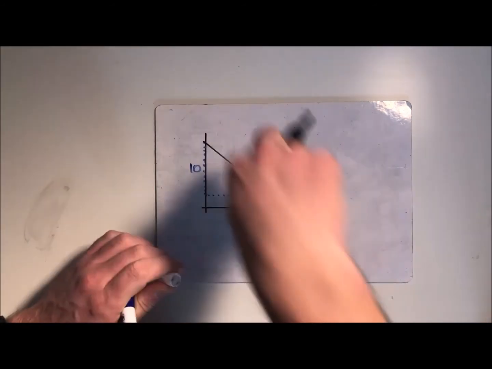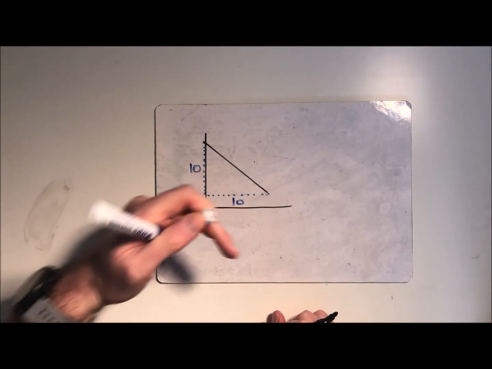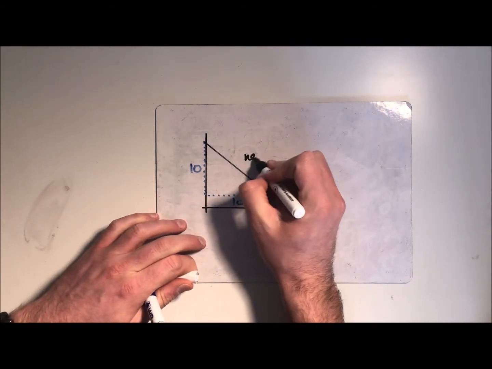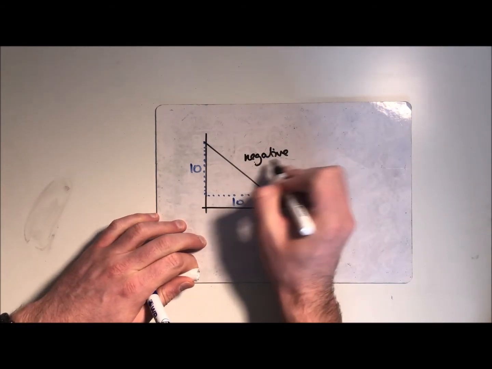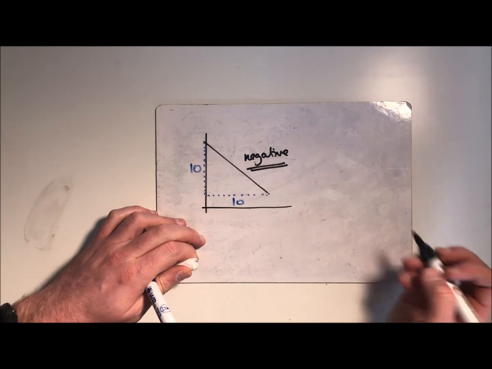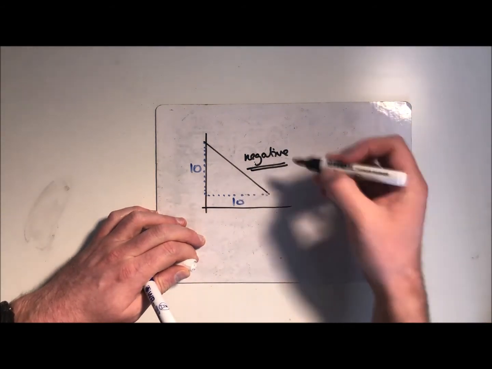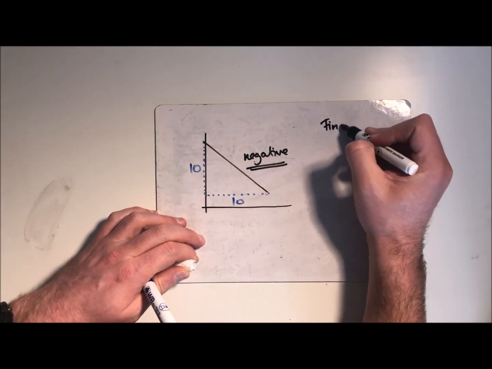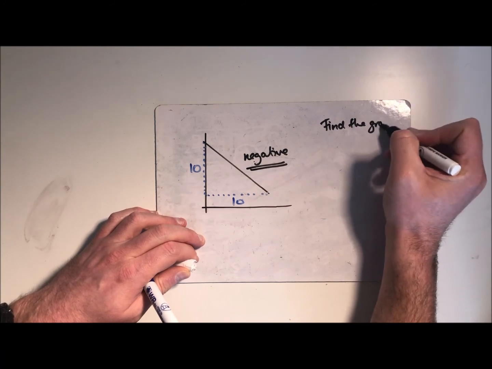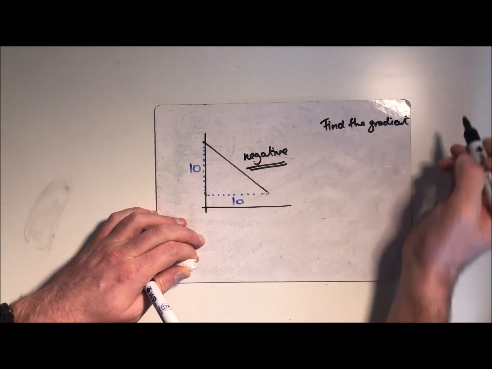Now we can see that line's going down the way. We can say that's a negative gradient. This is going to be a negative slope, so it's going to have a negative gradient. Now you won't be told that in the question, you'll just be asked to find the gradient, or maybe calculate the gradient.